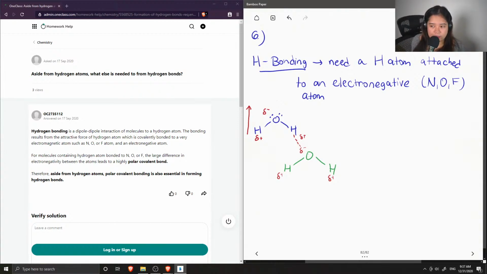So that partially positive charge on the hydrogen will be attracted to the partially negative charge of oxygen on a different water molecule. So then you can show how all of these water molecules can be kept together because of this thing called hydrogen bonding.